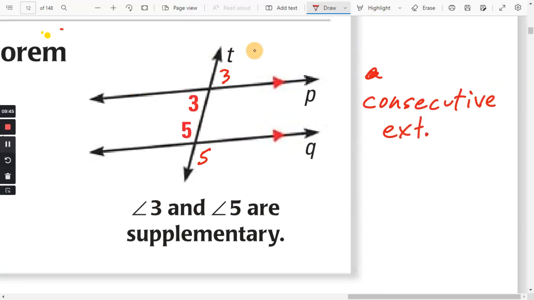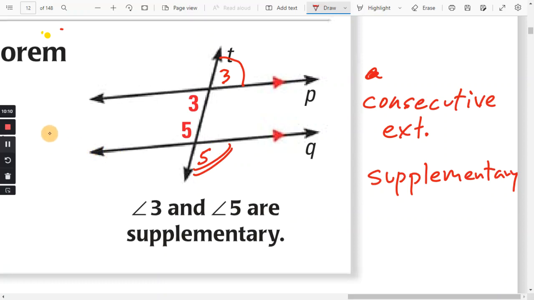Remember, exterior is outside the parallel lines. 3 is on the right, and 5 is on the right. So once again, they are going to be supplementary. Okay, so just like when they were interior, consecutive or same side exterior are also supplementary.